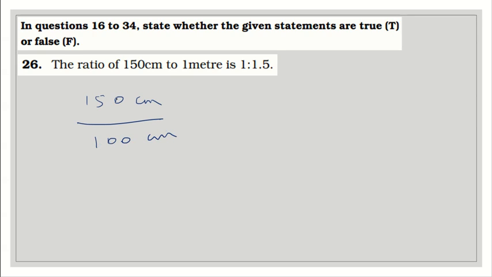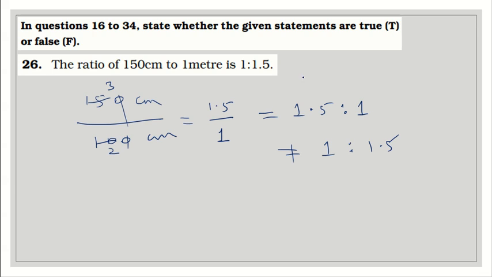So here on simplification it becomes 3/2 or 1.5 by 1, where he says that it is 1:1.5, but we got 1.5:1. It is 1.5:1, not 1:1.5. So what they said is not correct.